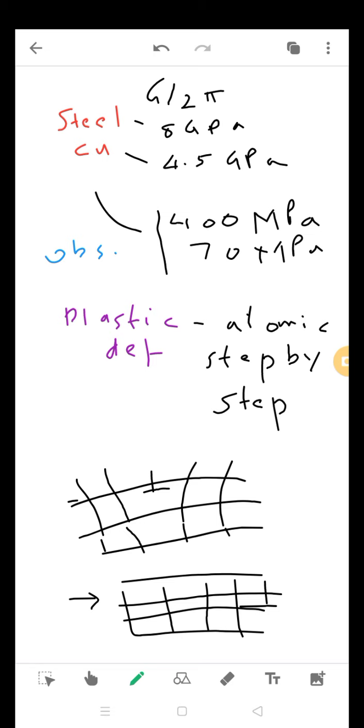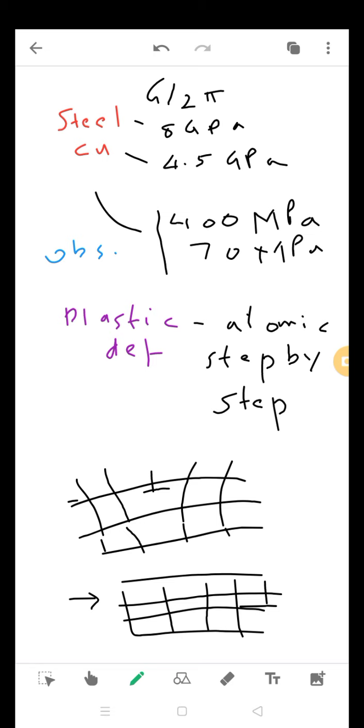So it moves to the edge. So what is observed here is that we don't need to move the whole plane. One atomic plane only can cause the dislocation to move. Now it also shows the generation and movement of dislocation leads to plastic deformation.